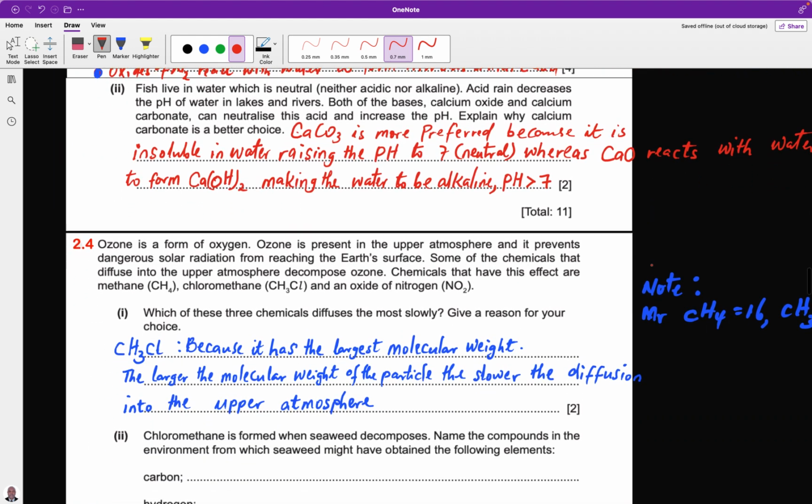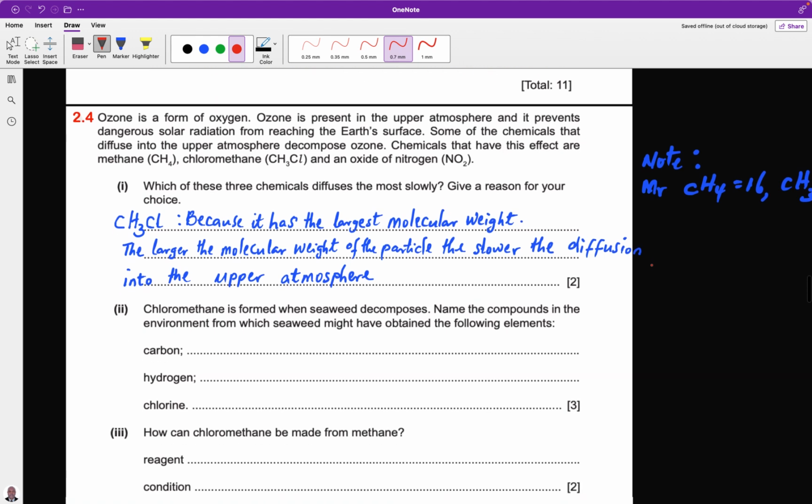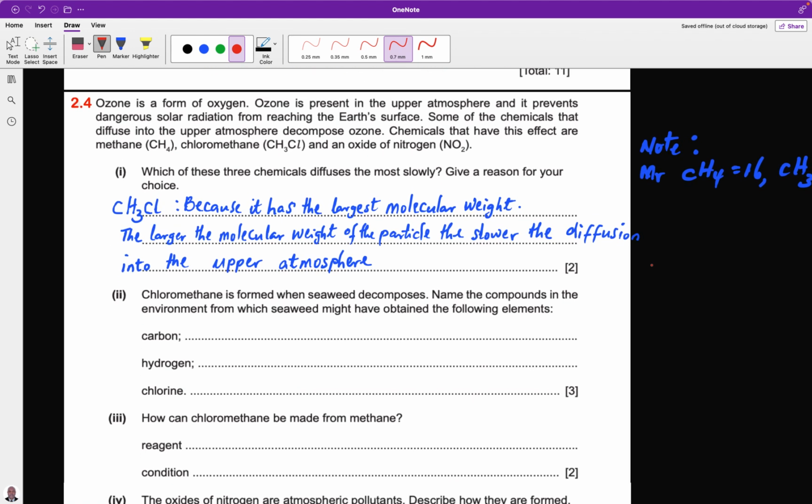Now, question number 2.4. Ozone is a form of oxygen. Ozone is present in the upper atmosphere and it prevents dangerous solar radiation from reaching the Earth's surface. Some of the chemicals that diffuse into the upper atmosphere decompose ozone.